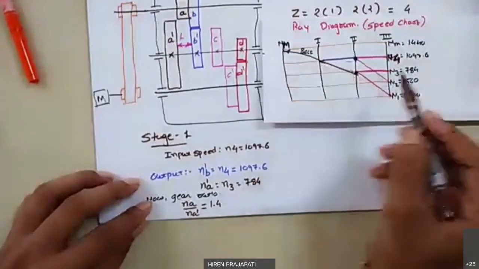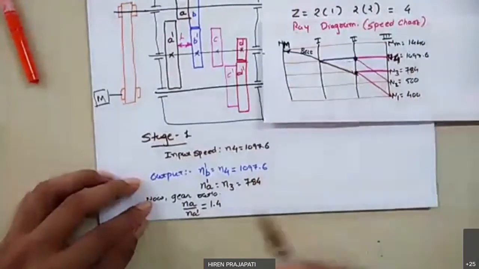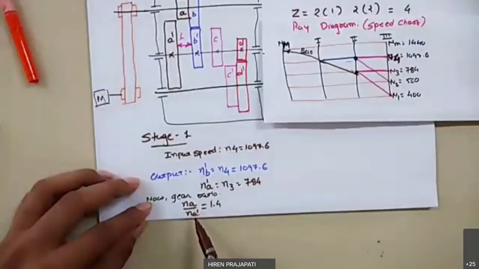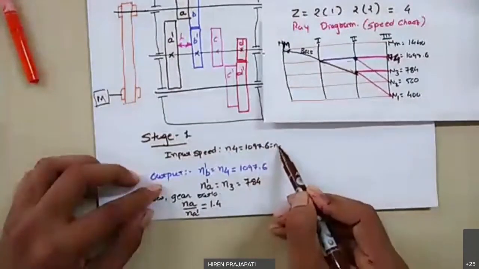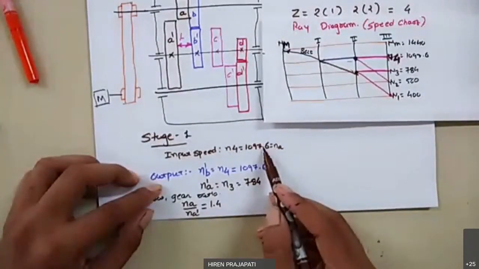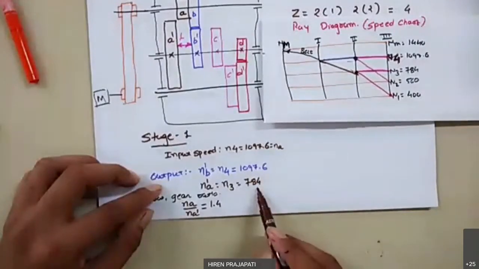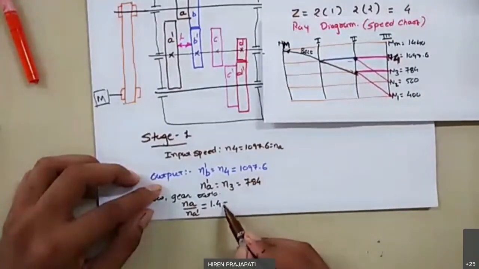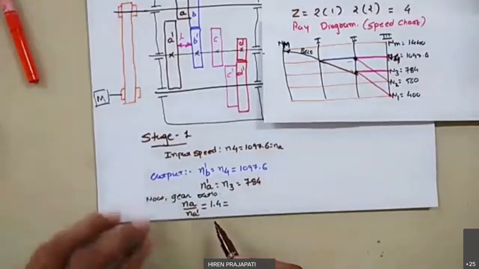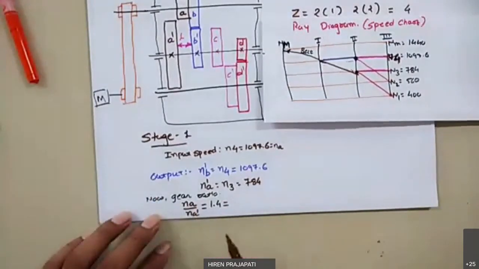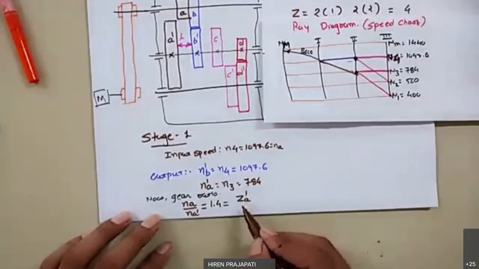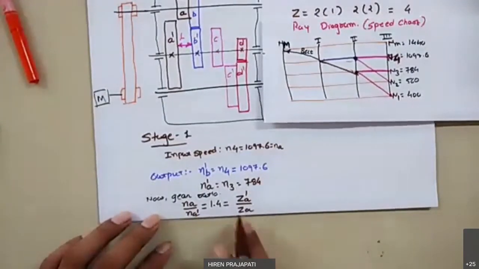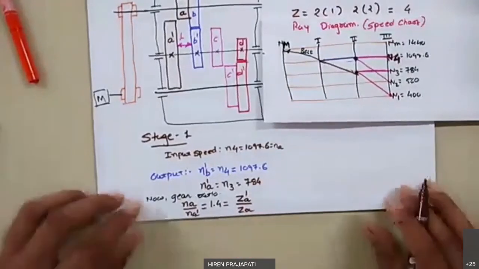Because this is represented by phi, 1 times phi. If you take the ratio of NA by NA dash, NA is the input speed, divided by this 784, we get 1.4, right? Let us write this gear ratio in terms of the number of teeth on A and A dash gears. Then it's the inverse. Speed ratio is inversely proportional to the number of teeth ratio. Here we get ZA dash and ZA, right? So this is what we got.